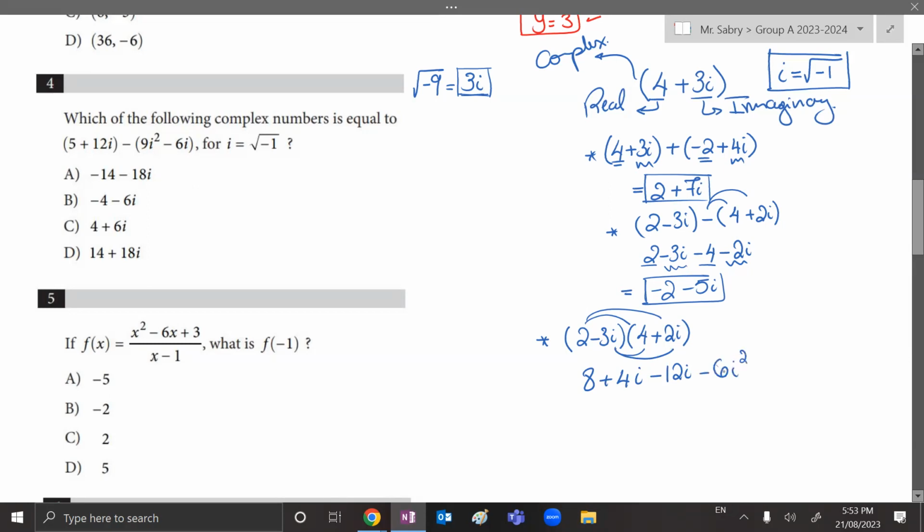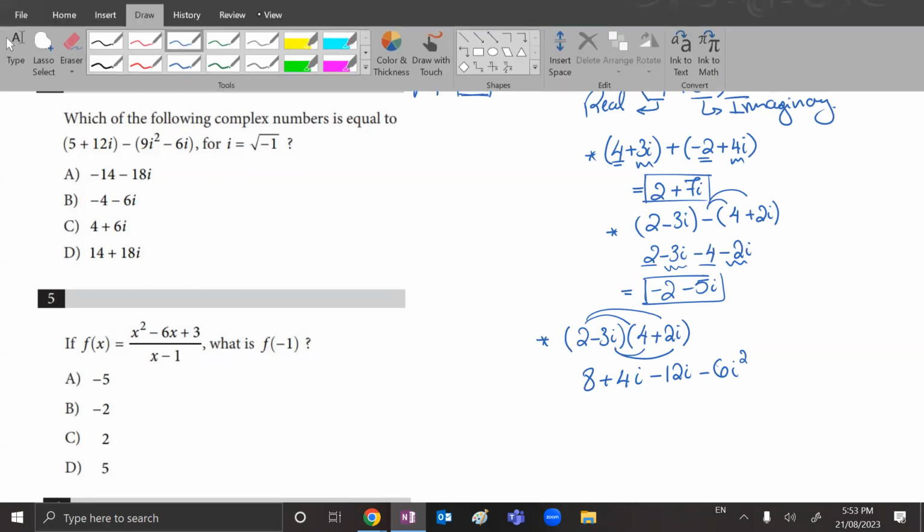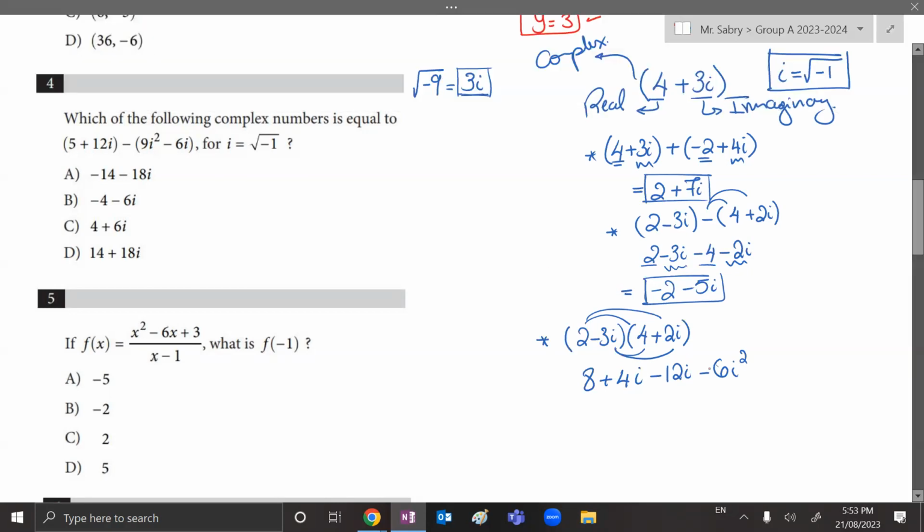-6i to the power of 2, because i times i is i to the power of 2. Now this is the only difference between the i and the x's: whenever we have i to the power of 2, we will cross it out and instead substitute -1 instead of the i.